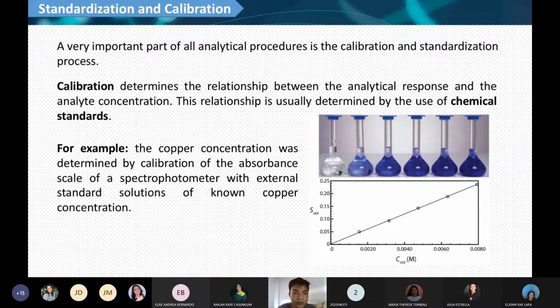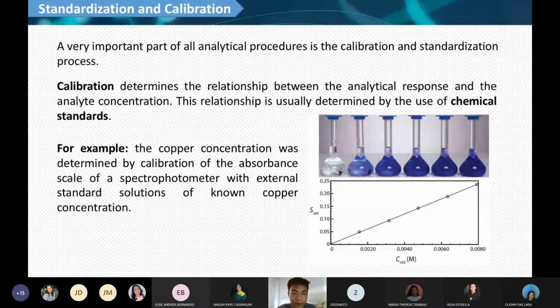These terms are related. Calibration means you have a reference equation that tells you the instrument response over the concentration of your sample.